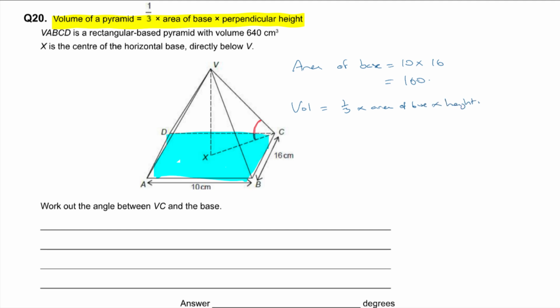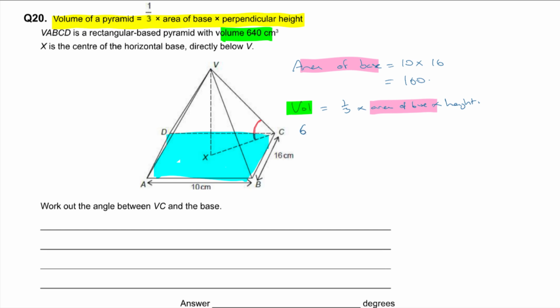Now we know the volume. It was given here, so we know that the volume is 640. We know the area of the base because we just worked it out. We know what 1/3 is, and that just leaves the height, so we can use this to find the perpendicular height of the pyramid.